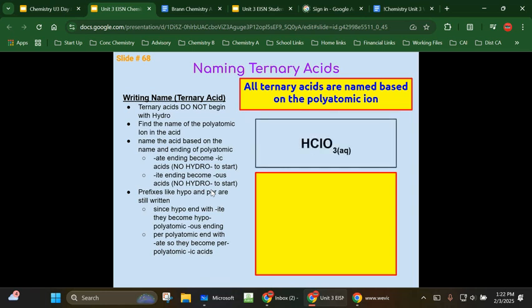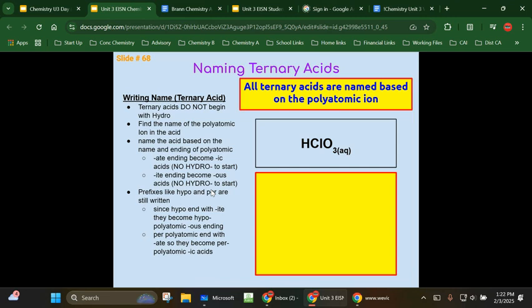So here is the formula of a ternary acid. What polyatomic ion is involved? Chlorate. So we are going to name this based entirely on the polyatomic ion. No hydro. Now, here's the rules. If your polyatomic ends in ATE, it becomes an ic acid.